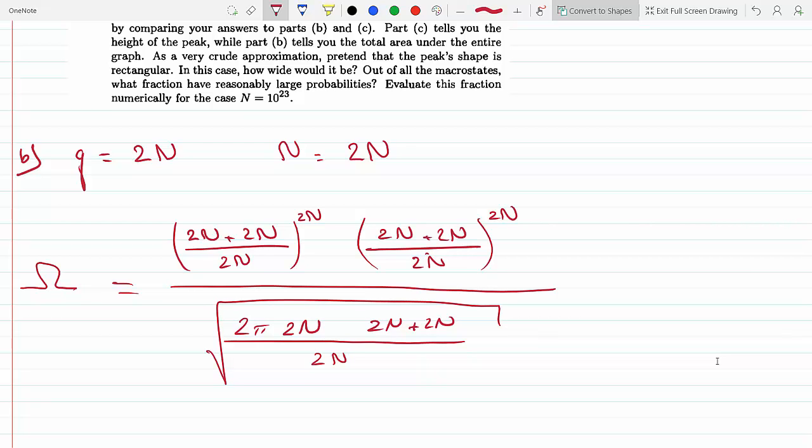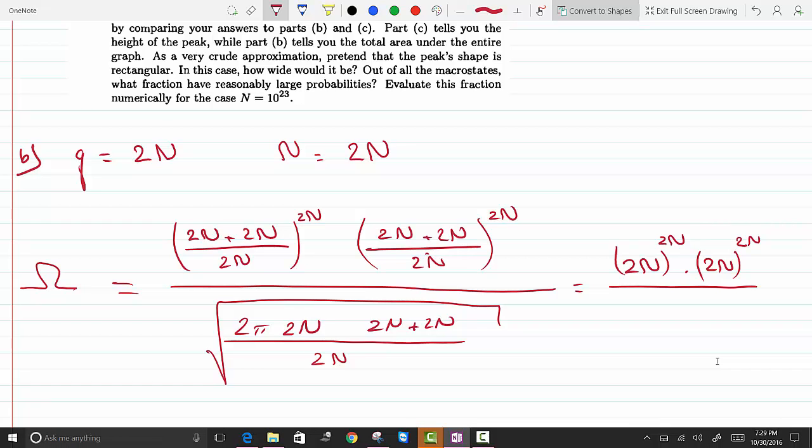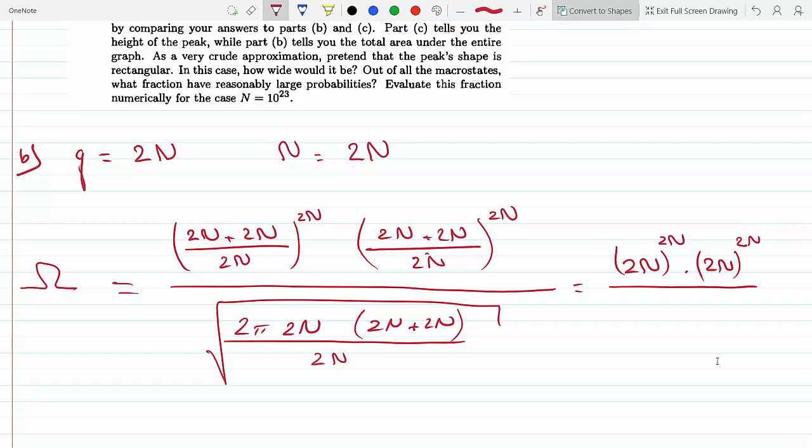Okay, so let's go ahead and simplify this. So we will get 4n over 2n, which would be 2 to the 2n, times 2 to the 2n, divided by, in the bracket, 4n, so I could cross these out and I would get 8 pi n.